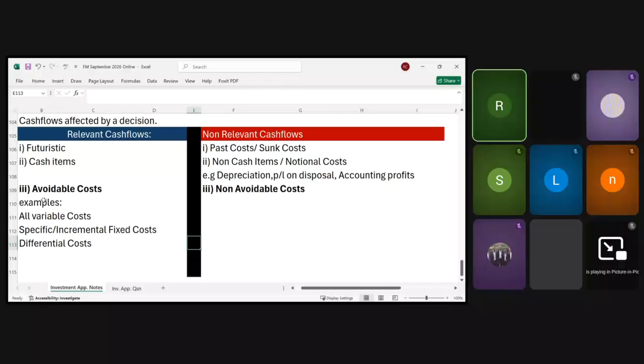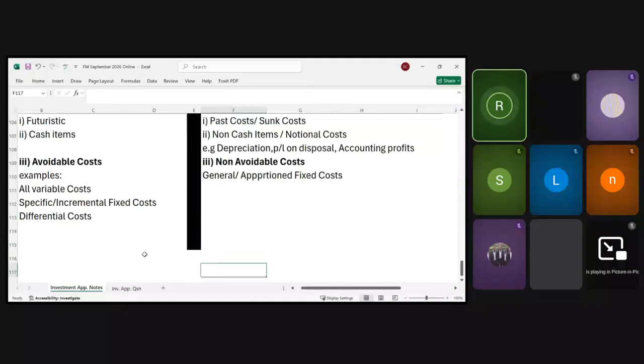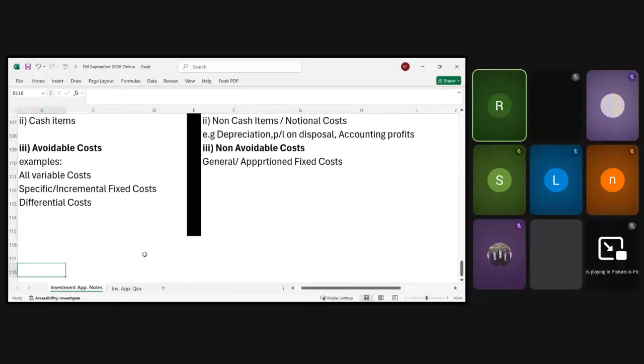If we go to non-avoidable costs, we have the general or apportioned costs. If you have general or apportioned fixed costs, they are not relevant. In most cases, you are going to be given a bunched amount of fixed costs.